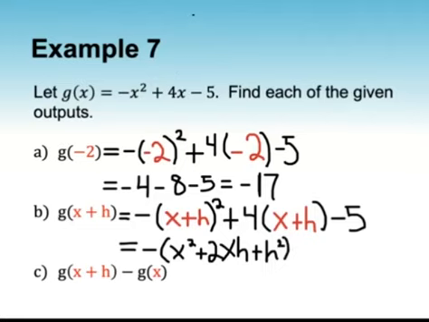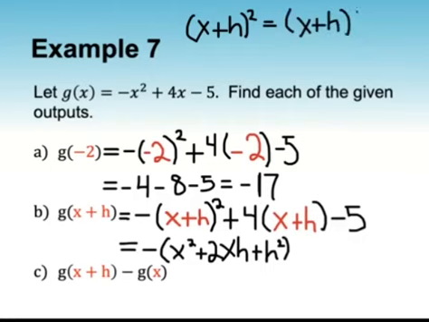And if you don't want to do the shortcut, I'll just show you how I got that. So we have x plus h squared. That's just equal to x plus h times x plus h. And we just do FOIL, or distribution.